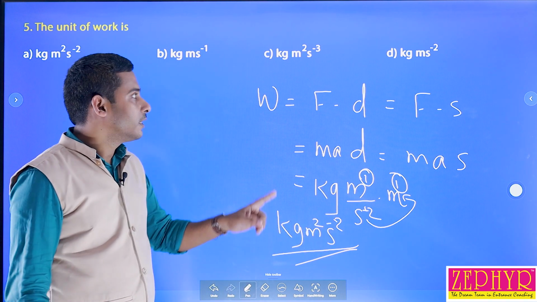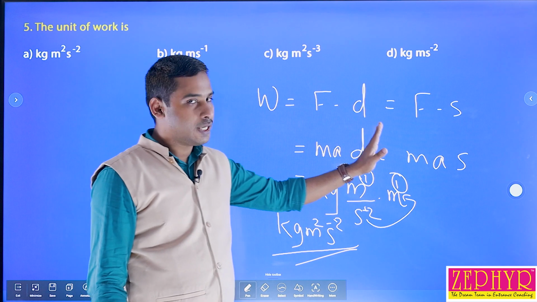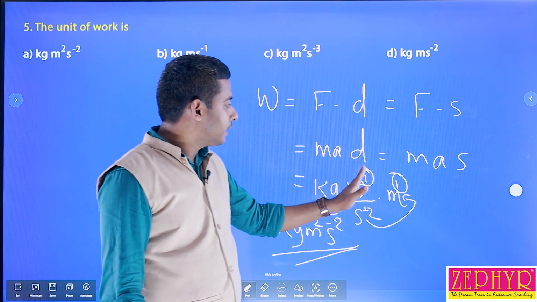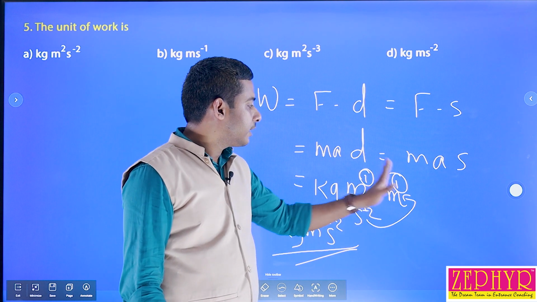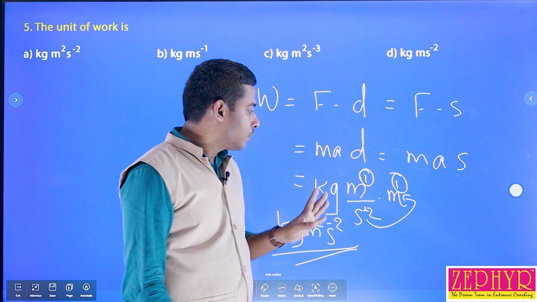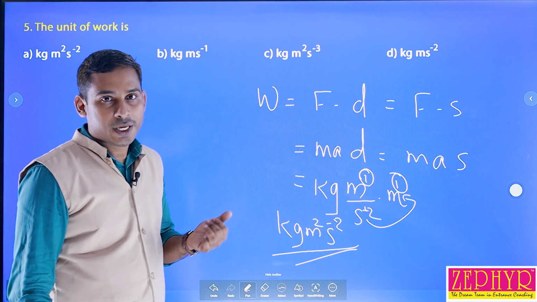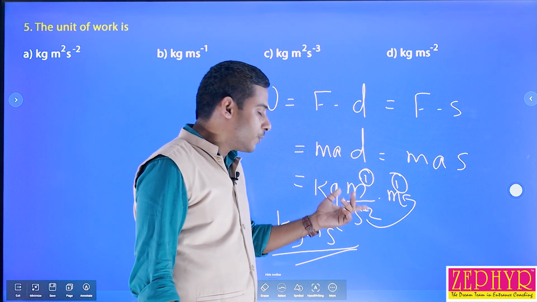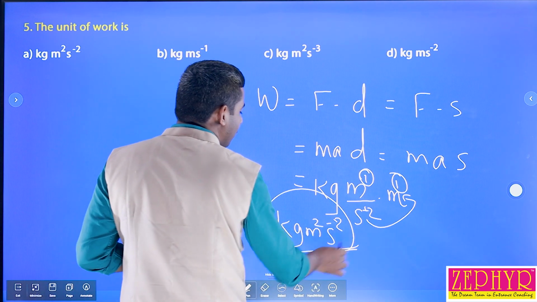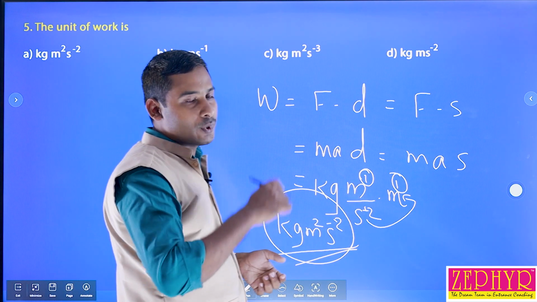I will repeat, we have W equal to FD, it is MAD, it is kilogram meter per second square, then into M also, then 1 plus 1 is 2. So, M will become M square, S becomes minus 2. So, our final answer is kilogram meter square S raised to minus 2.